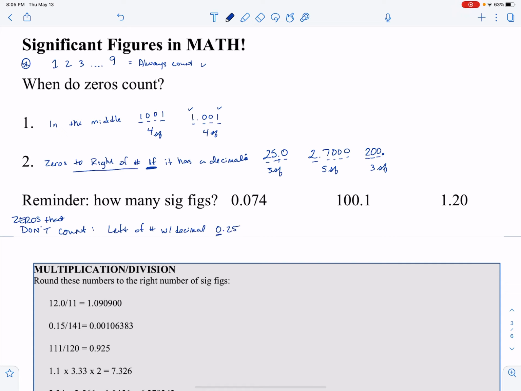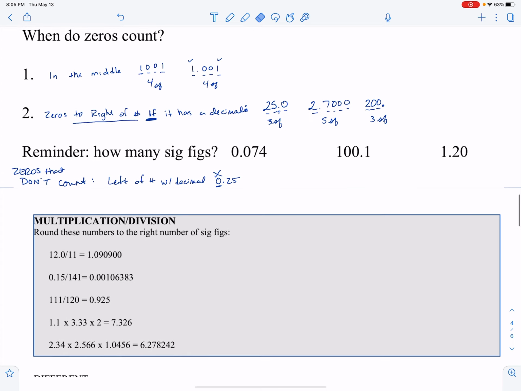That zero is on the left, so it does not count. And also, this goes to the second rule, if there's no decimal and the 0 is to the right. So I'm going to give this crazy example, this 200, but without the decimal.